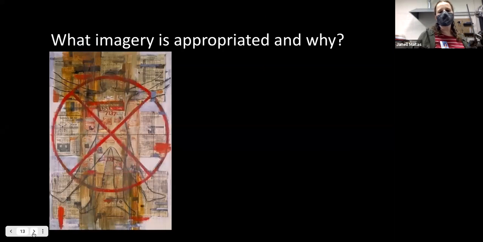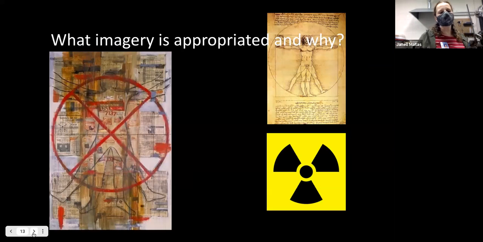And then she also used appropriated imagery. In this image that she made, she's calling on Da Vinci, with his Vitruvian Man, but also the idea of this nuclear image. That's because a lot of natives were given land that was contaminated.